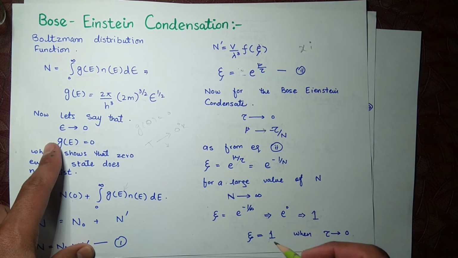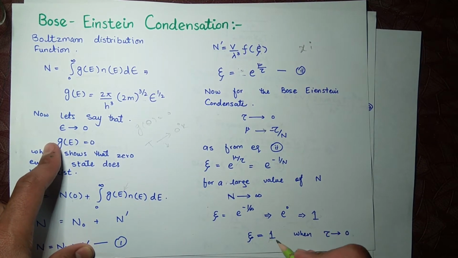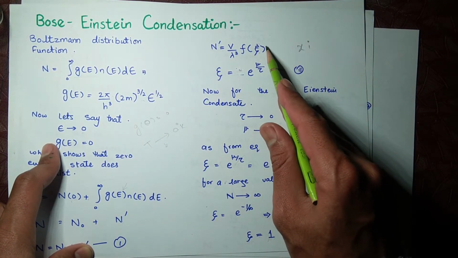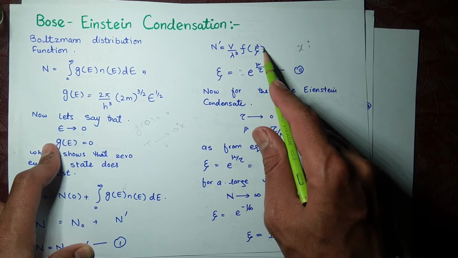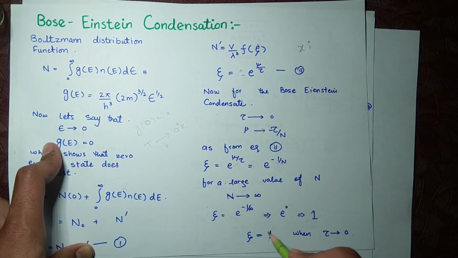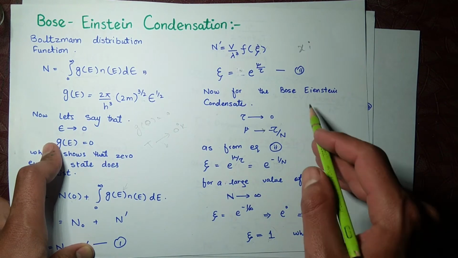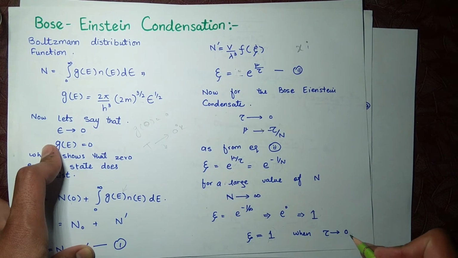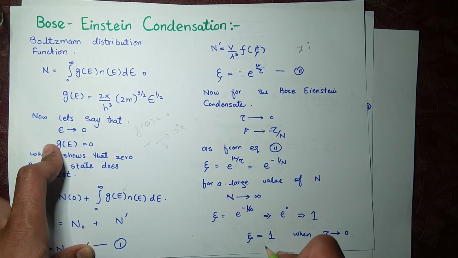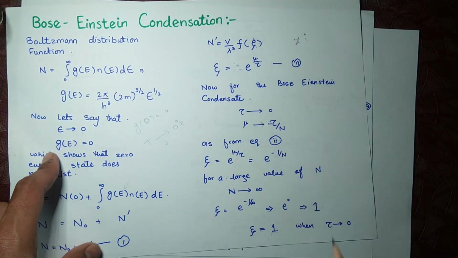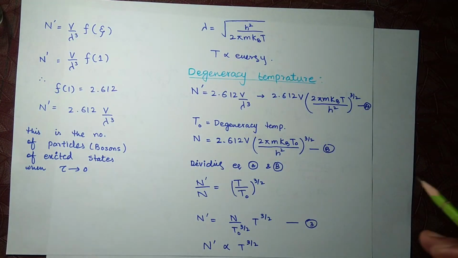Now we are going to put this value, xi equal to 1, in the above equation to calculate the number of bosons. We have calculated this for the Bose Einstein condensate: tau equals 0, xi equals 1.